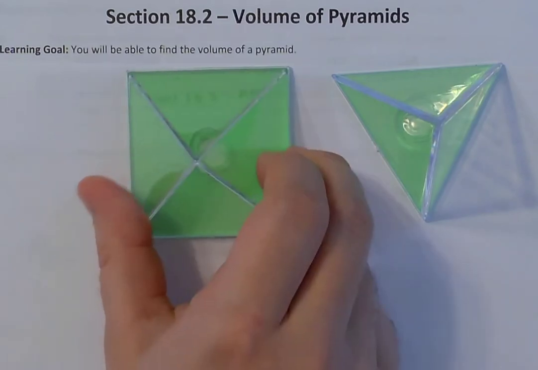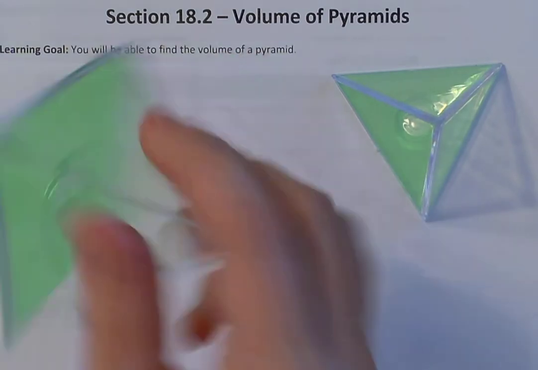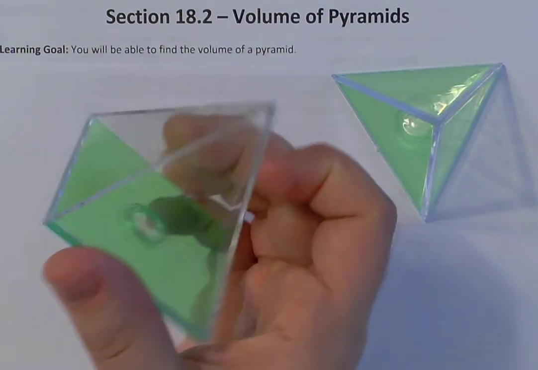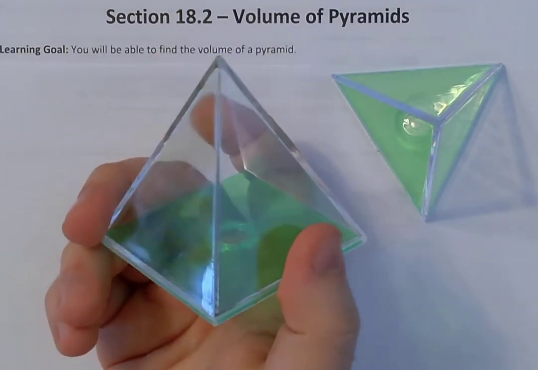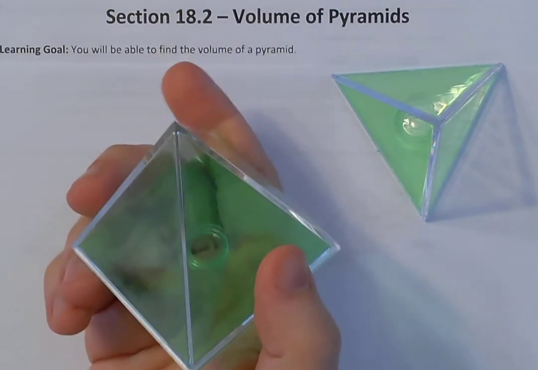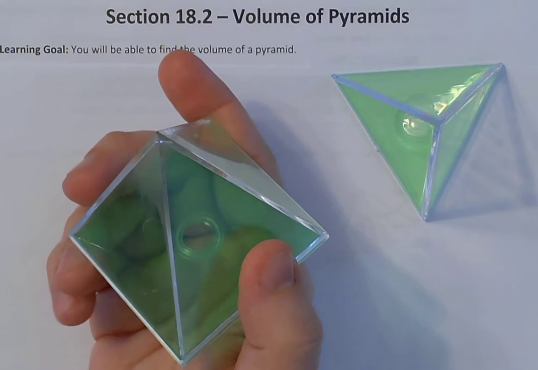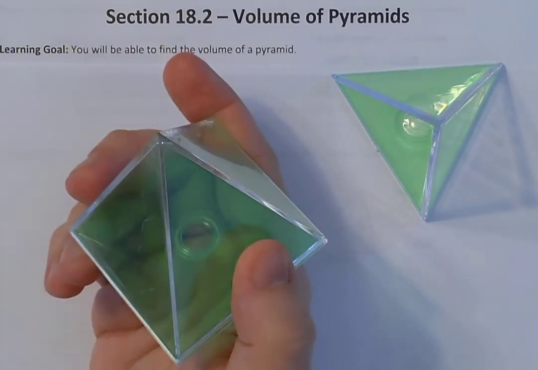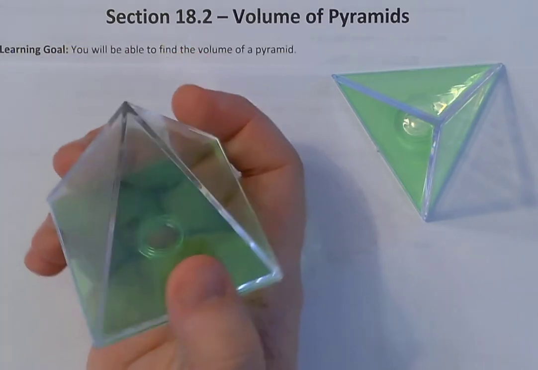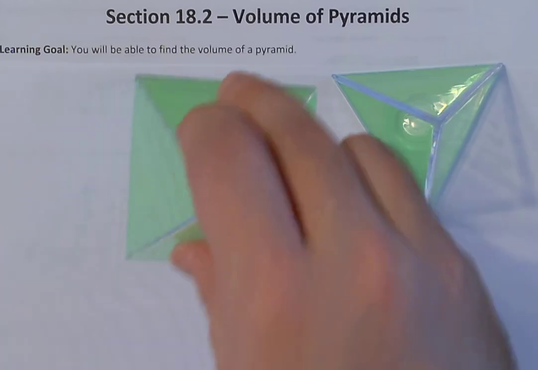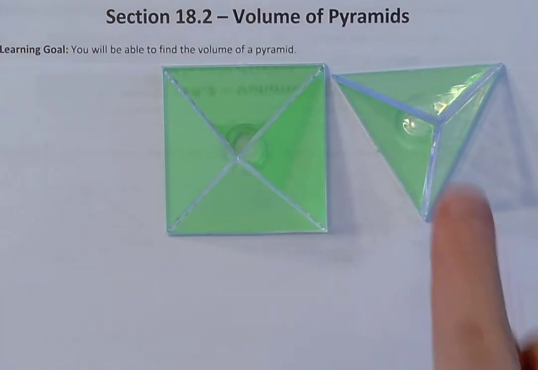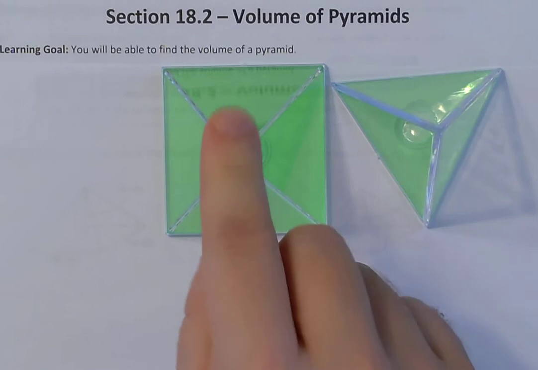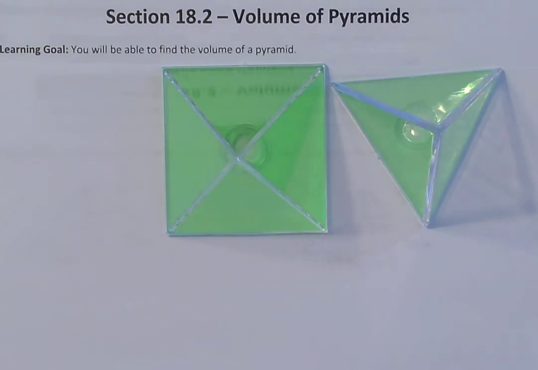A rectangular pyramid has a single rectangular base, the sides are all triangles, and like all pyramids, they all meet at one point at the top. So a pyramid has one base, whether a triangle or a square. The sides are all triangles, and they fold up to meet at one point at the top.